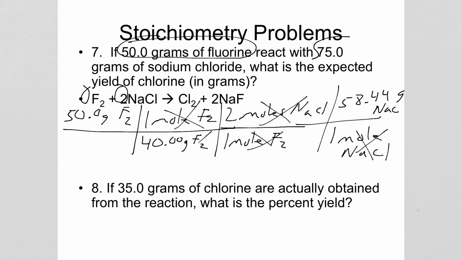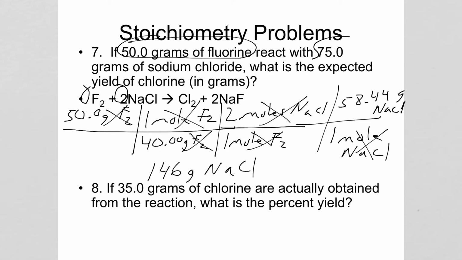So notice that all our units canceled out except for grams of NaCl. Let's do the math. Let's multiply across the top, divide by the bottom, and we end up with 146 grams of sodium chloride.